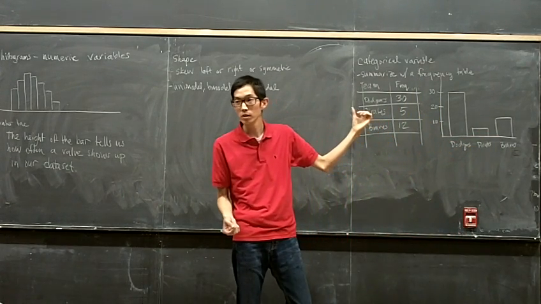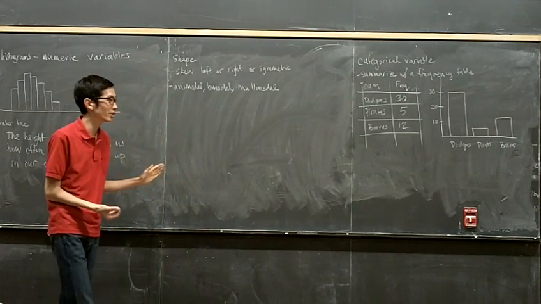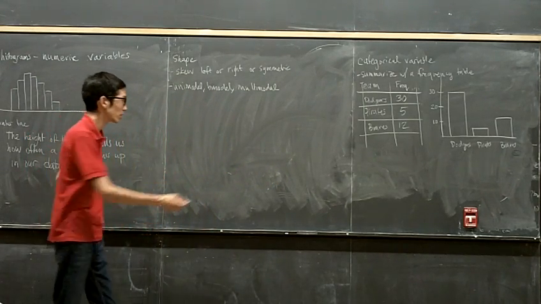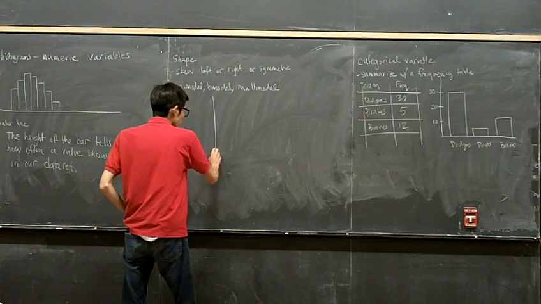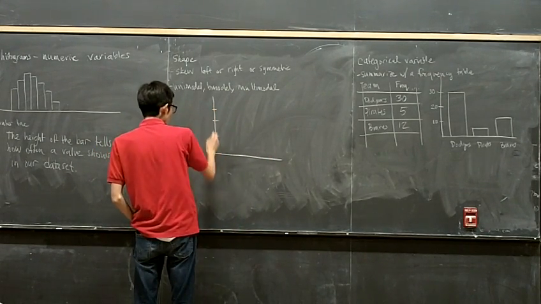One thing to notice is that we can change the order of the bars, and the information in this graph will be exactly the same. So equally valid would be a bar chart that looks like this.